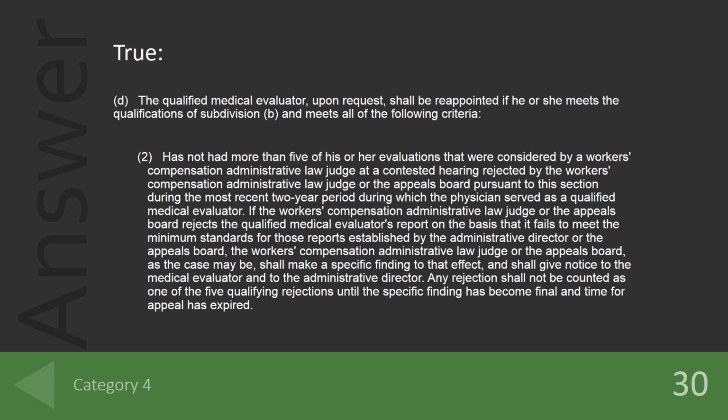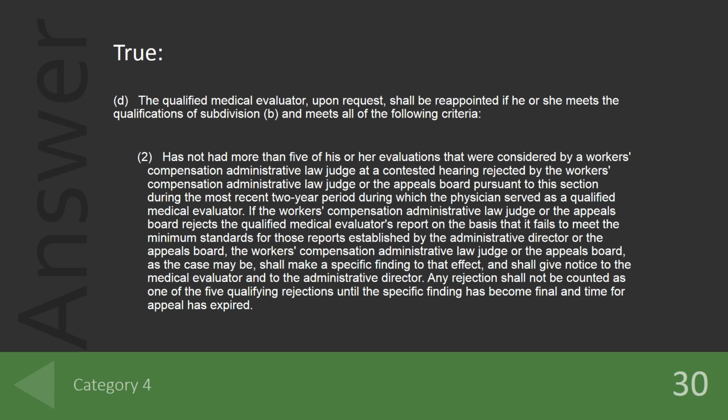Well, that's actually true. The administrative director is concerned about having doctors who write good reports that resolve the issues that are in dispute. So let's read Section D of Labor Code 139.2.